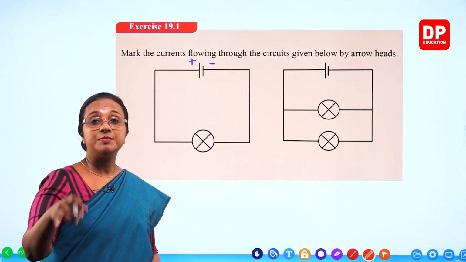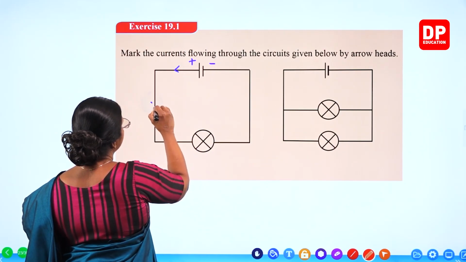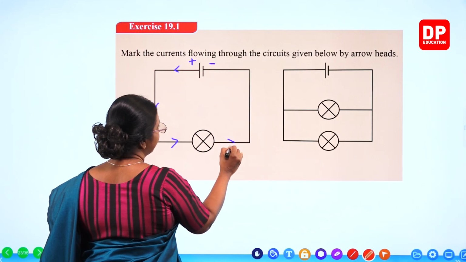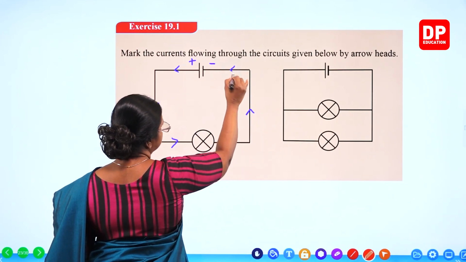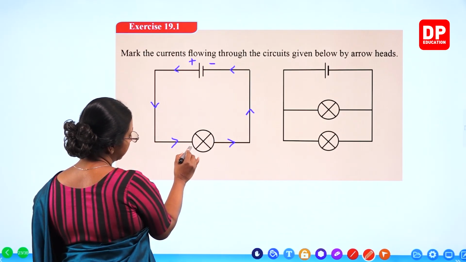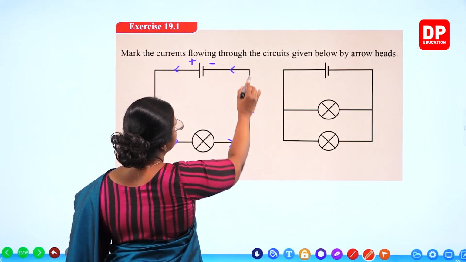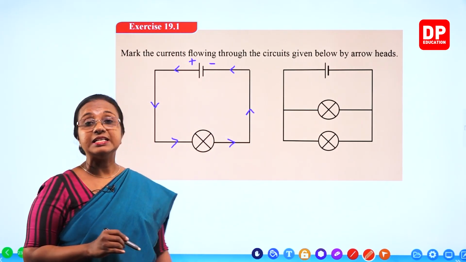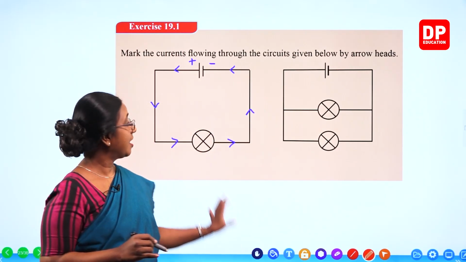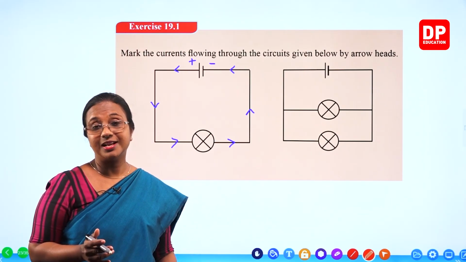From the positive terminal to the negative terminal. So if you are to mark with arrowheads, it's going to be this way. Starting from the positive terminal, it comes through the conducting wire, goes through the bulb, again the conducting wire up to the negative terminal. I am sure you can also do it on your own correctly.